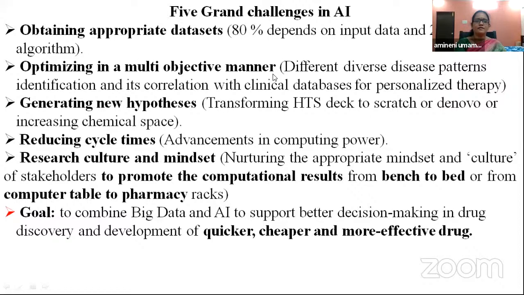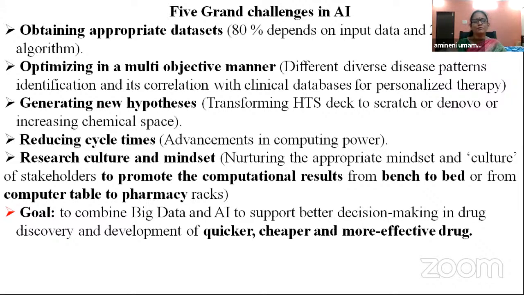In breast cancers, as we have seen, different types are available, and by statistics we cannot correlate this many parameters. By using deep learning algorithms, it is possible to correlate an infinite number of parameters.